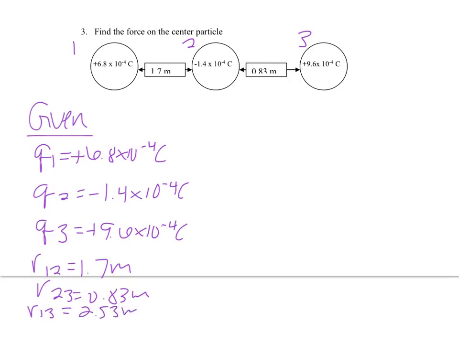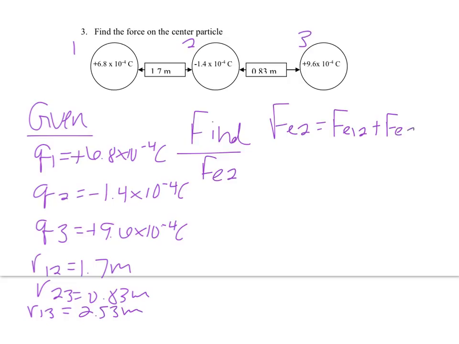2.53 meters. We are looking for the total electrical force on the particle in the middle, so the one I called 2. So Fe2 will equal the force between 1 and 2 plus the force between 2 and 3.